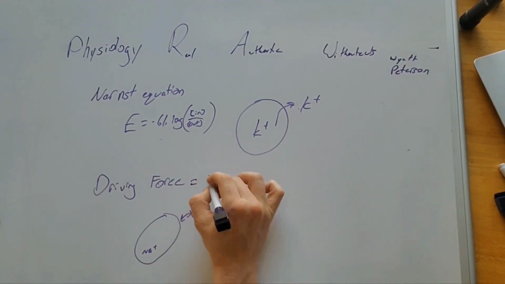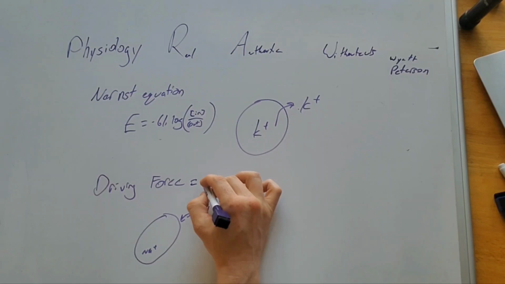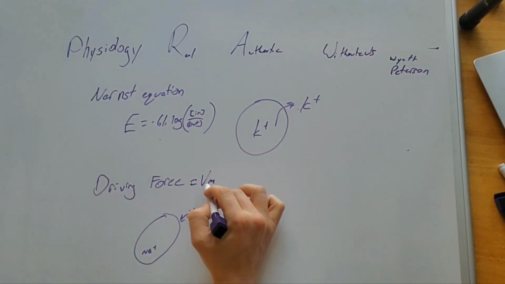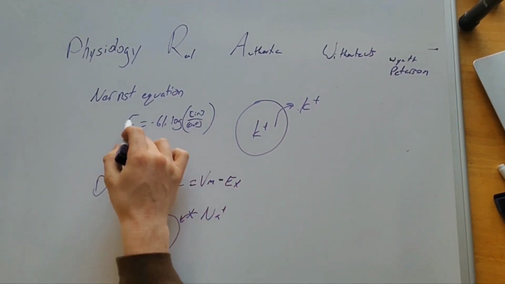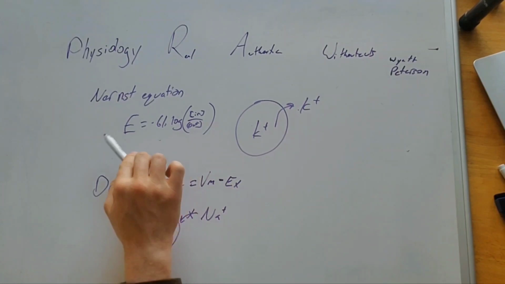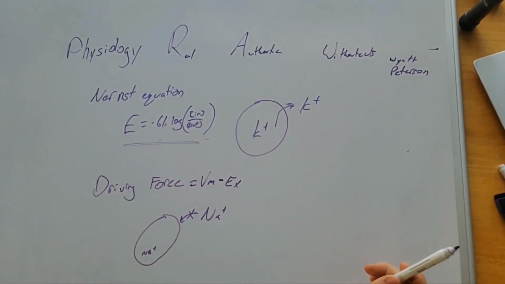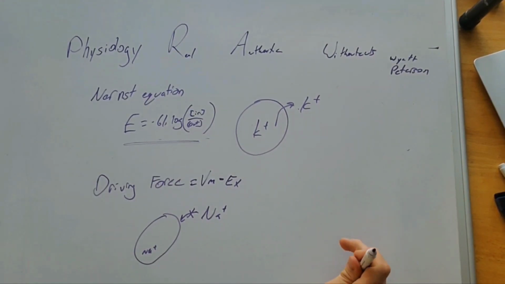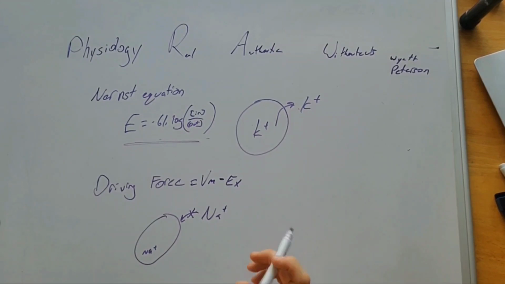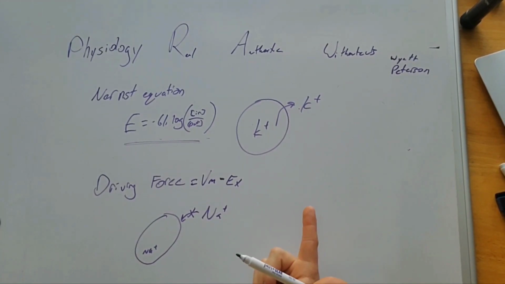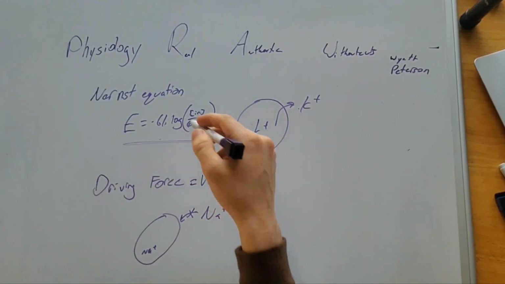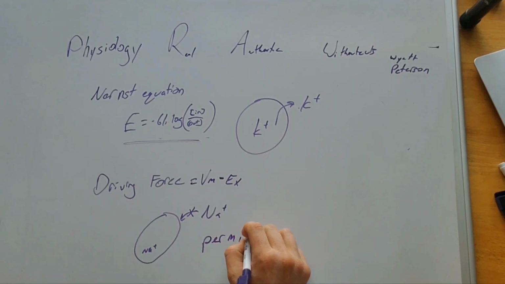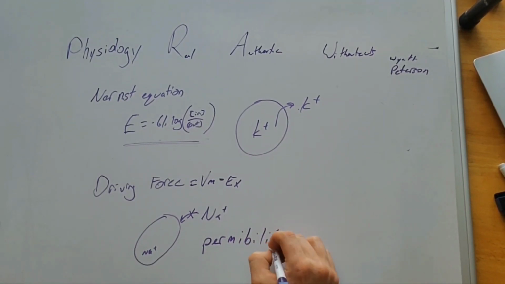Driving force is equal to the voltage of the cell minus the Nernst value that's given out of this equation. So yeah, driving force takes into account permeability and the electrical gradient. I'm going to write it down.